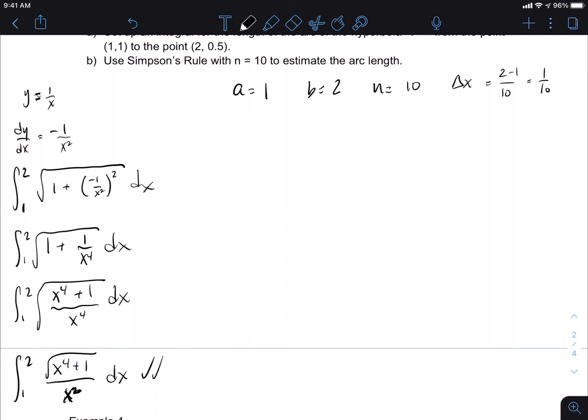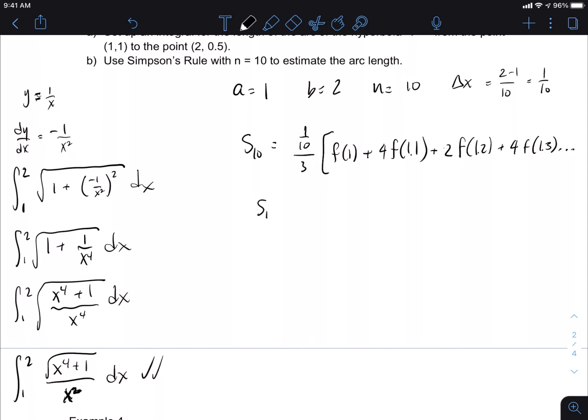Right? So then when we do Simpson's, S sub 10, I'm going to get 1/10 over 3 of f of 1 plus 4 f of 1.1 plus 2 f of 1.2 plus 4 f of 1.3, dot dot dot, right? Till we get to the end.